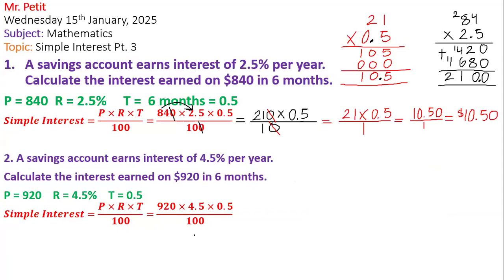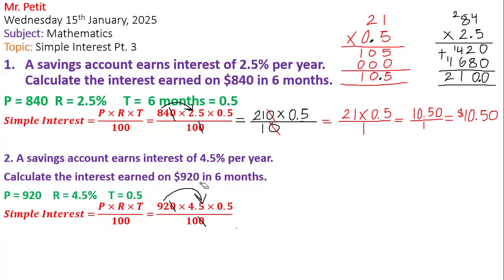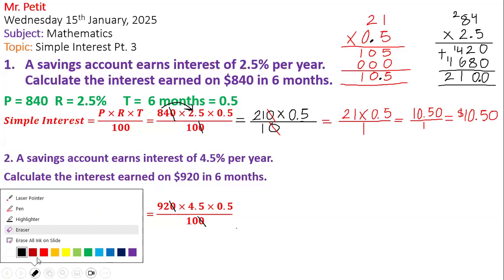So we have to cancel out this 0 with the other zero. Then we have to multiply 92 by 4.5. So we're going to multiply 92 by 4.5.